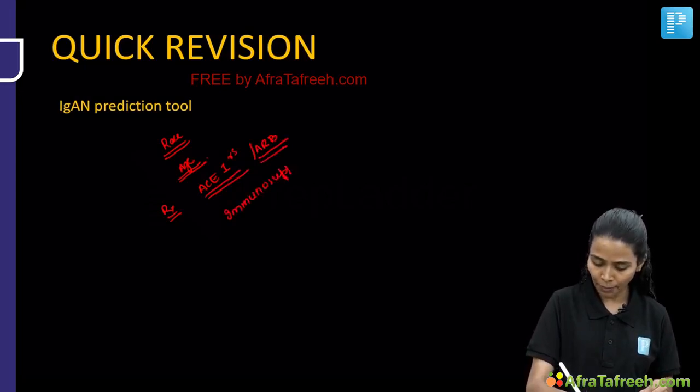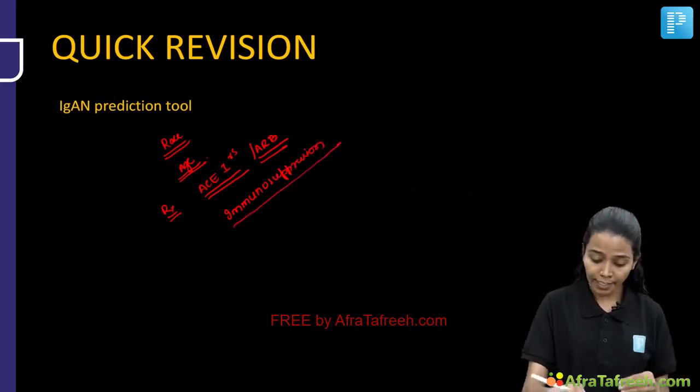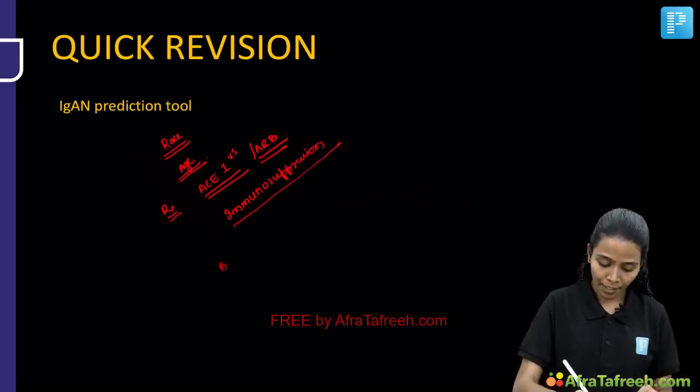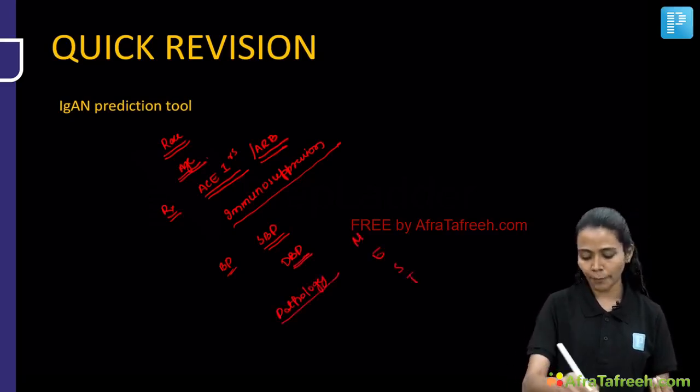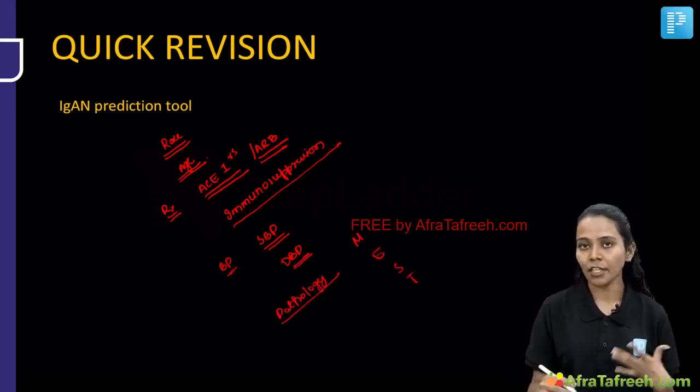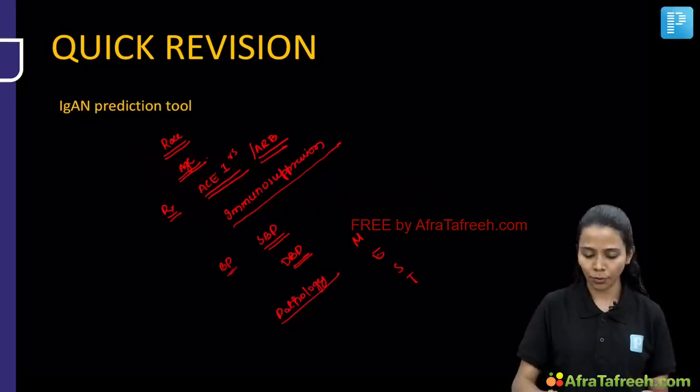These are the parameters that you are going to assess. Next, you are going to come to BP: the systolic blood pressure and the diastolic blood pressure. Next is the pathology. In the pathology, you are going to assess the MEST score. So these are all the parameters that are going to be taken to assess the IgA prediction tool.